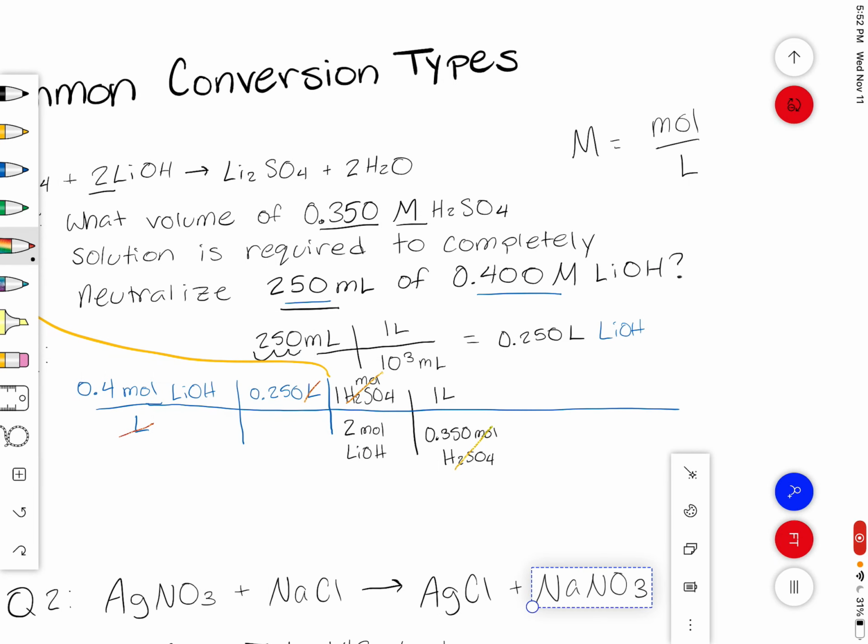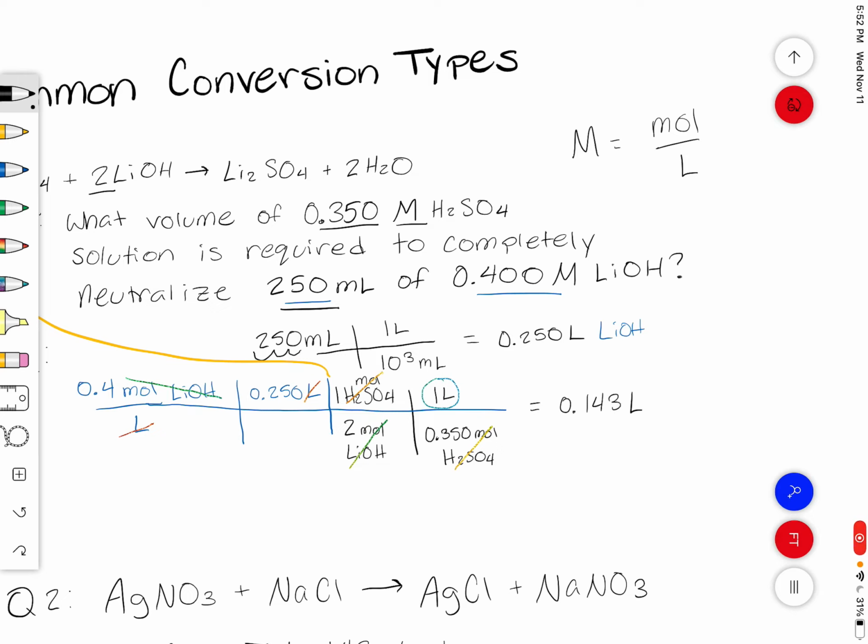And then this right here cancels out moles of LiOH with moles of LiOH. So now what we're left with is just liters of our H2SO4. We can go ahead and do the math right here and call it our answer, which equals 0.143 liters of H2SO4.